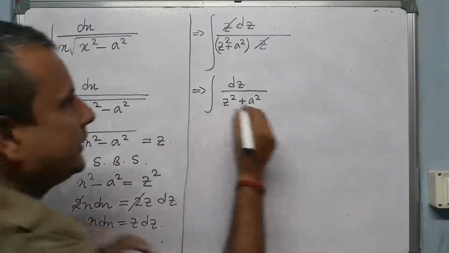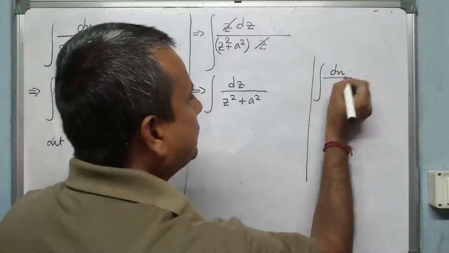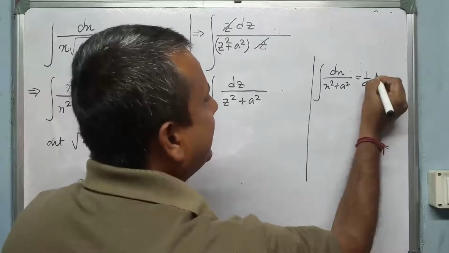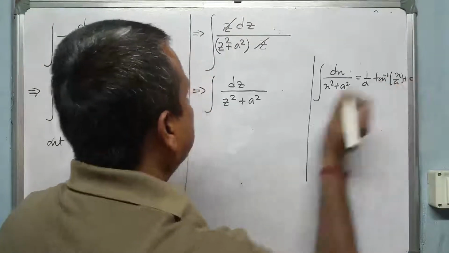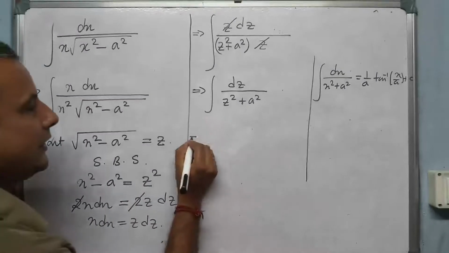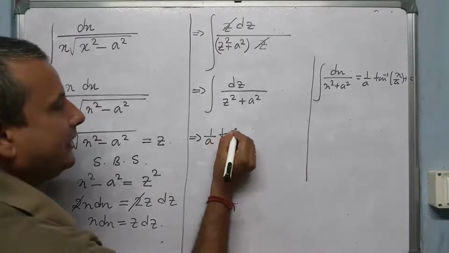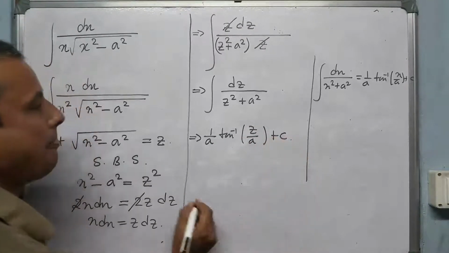Now the integration in this form, I'll use a formula. This is a new formula: dx over x square plus a square is equal to 1 by a tan inverse x by a plus c. So I'll use this formula. Now 1 by a tan inverse z by a plus c.